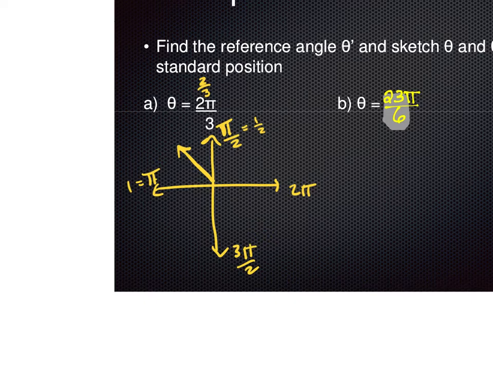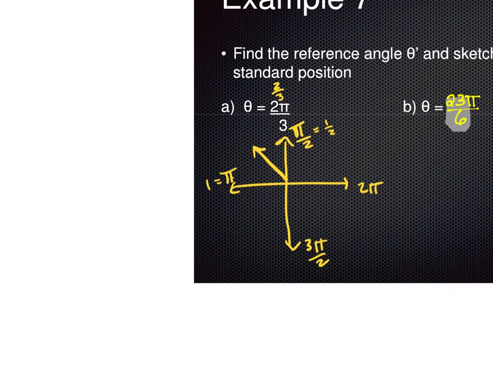All right, next we need to find the reference angle. So in the second quadrant, what's the formula we use? 180 minus 2 pi over 3. Right, 180 minus theta, which is 2 pi over 3.